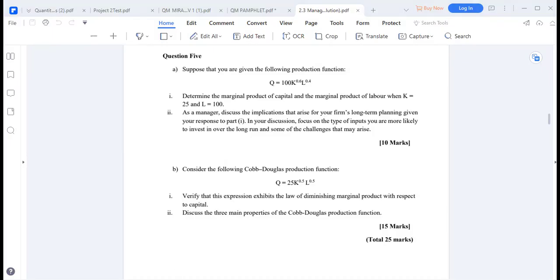Okay, so now we have the two results of the marginal productivities. So now, what would your recommendations be? Seeing that we have a higher result for capital than for labor, as a manager, what would you recommend and what would you go for?